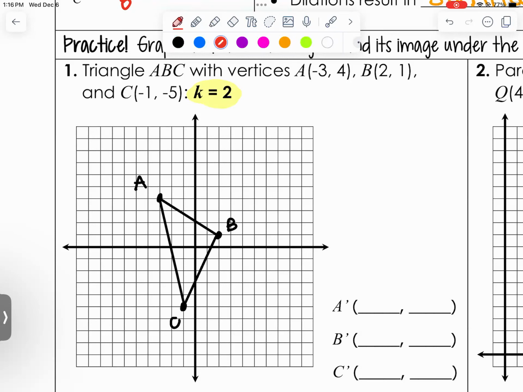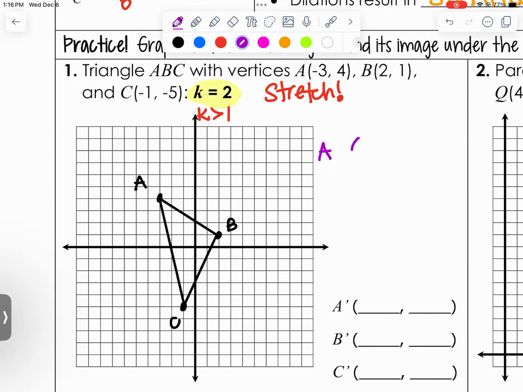Hey, Marco, is K bigger than 1 or smaller than 1? 2 is bigger than 1, which means this is going to stretch. So quite literally, we're going to take every single coordinate and multiply the numbers by 2.